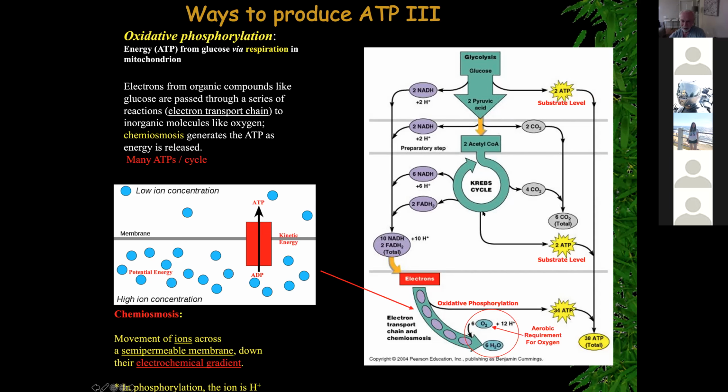And then the Krebs cycle gives 2 more. Oxidative phosphorylation gives 34, which add up to 38: 34 here, and 2 here, and 2 here. So a total of 38 ATP molecules from 1 molecule of glucose.